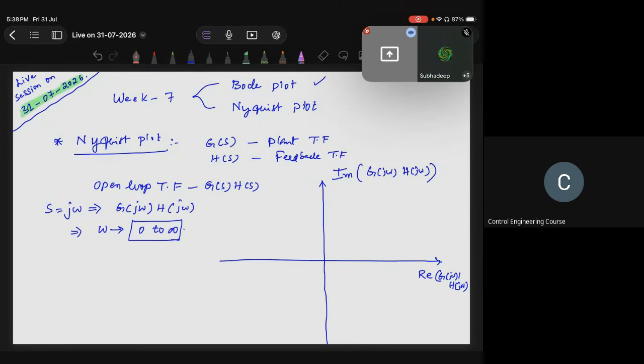That is our intention. We plot all the real values on the x-axis, imaginary values on the y-axis. Is this clear? Any doubt?